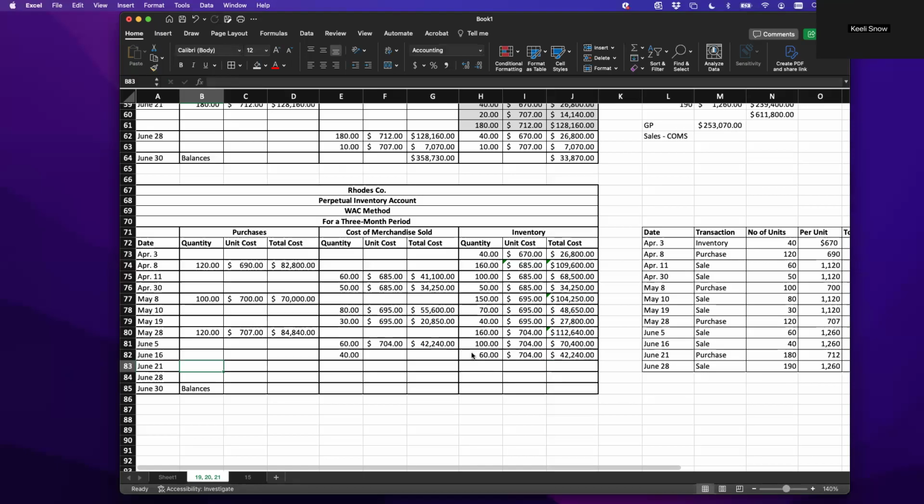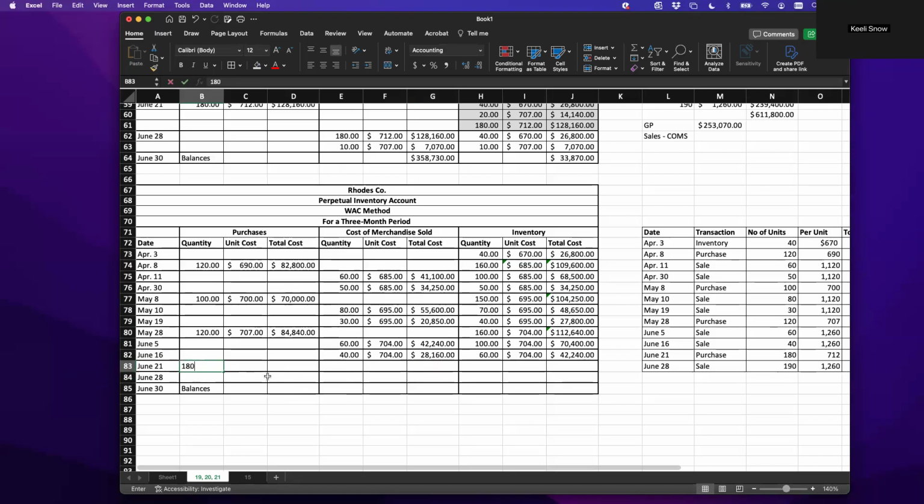What's going on here? Sorry, my computer is just doing some funky stuff. There we go. It's not letting me fill stuff in. There we go. June 21st.